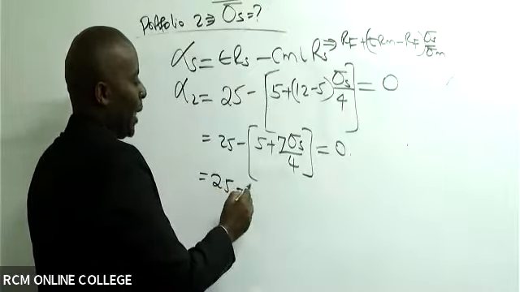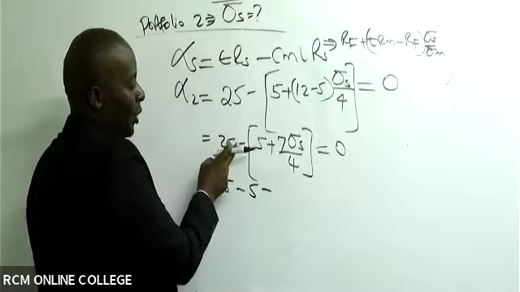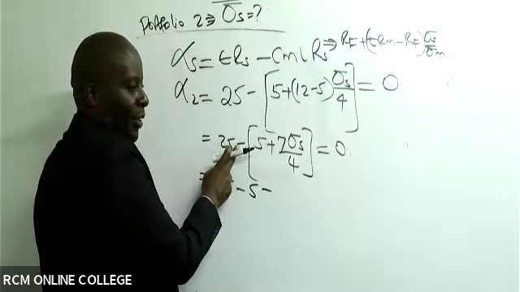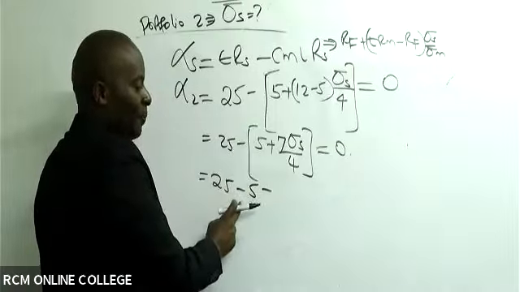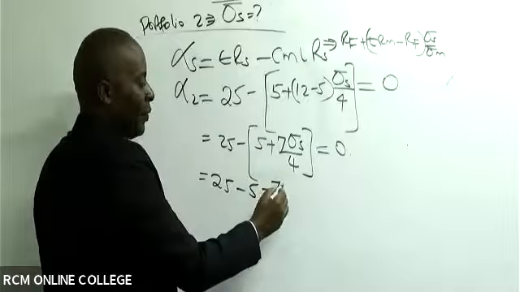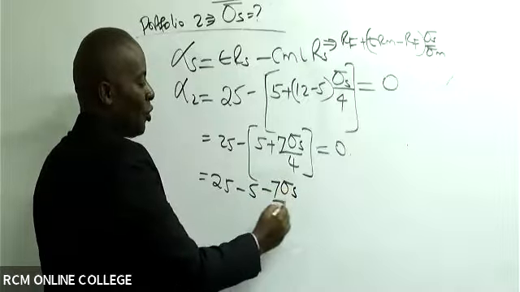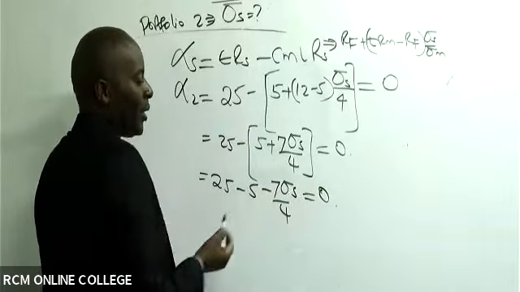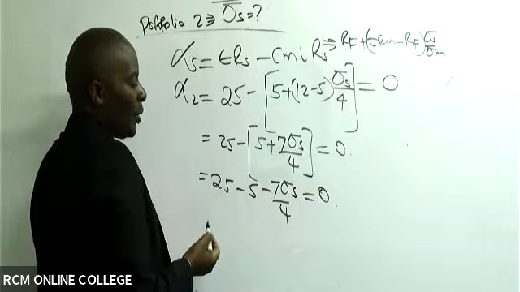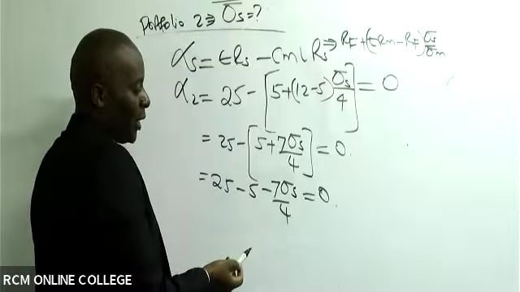It will be 25 minus 5 minus. You know, this minus is very, very powerful. So hapo kwa bracket tafanya maneno. Hii itachange kuwe negative. Hii itakuwa negative pia: 7 standard deviation of S over 4 equals 0. Sasa niulizeni swali, si 25 minus 5 ni 20.